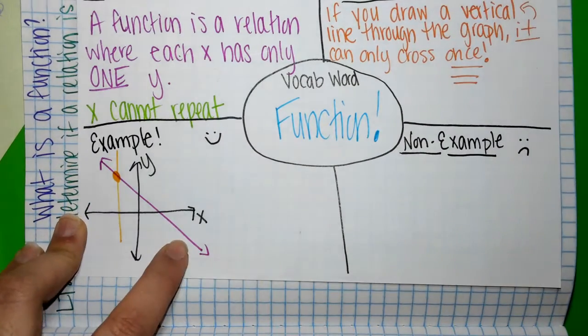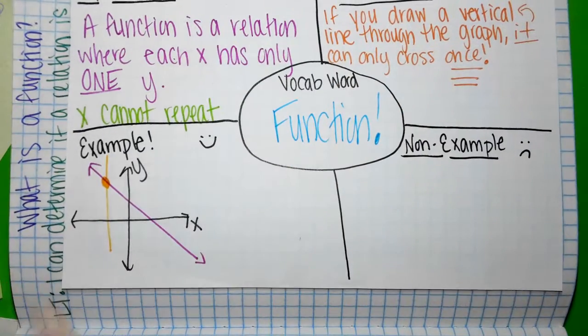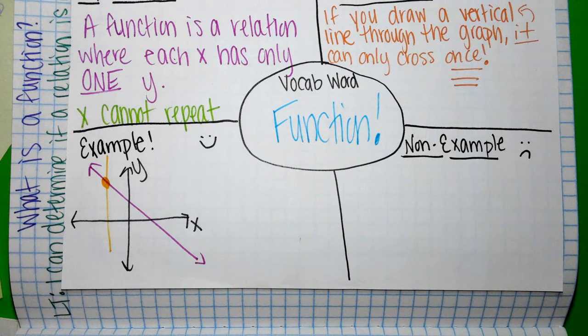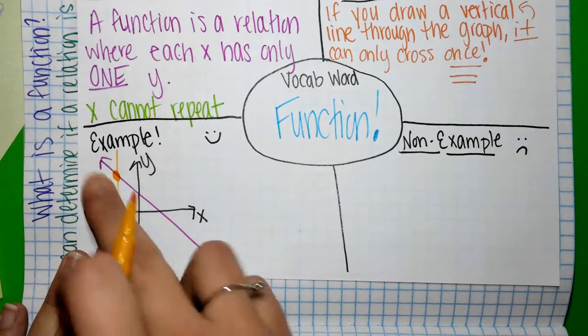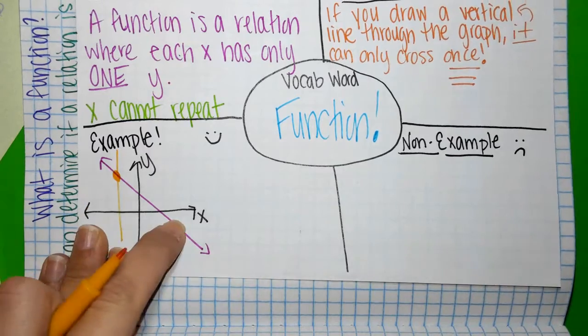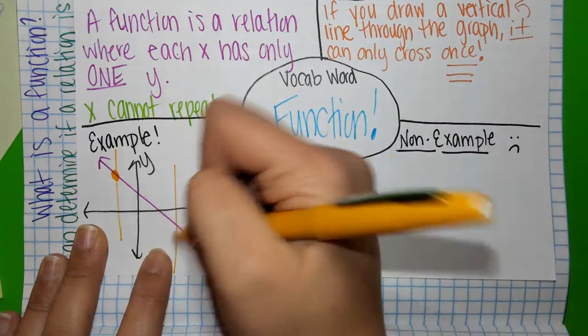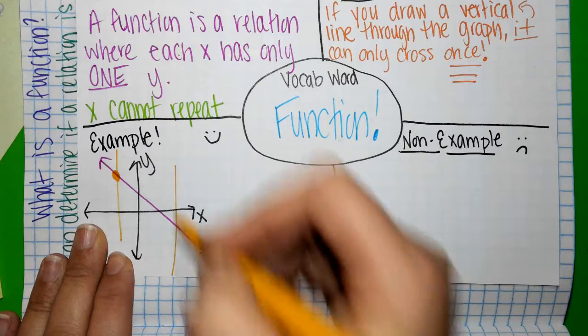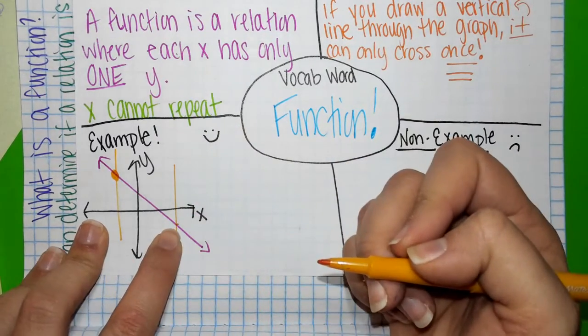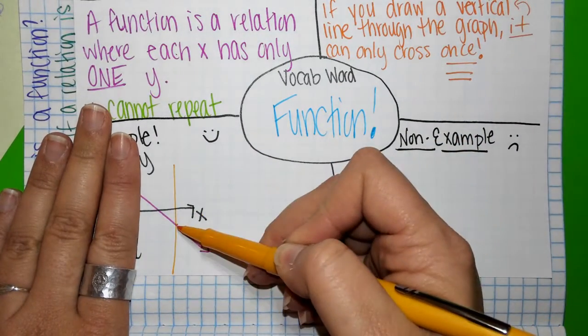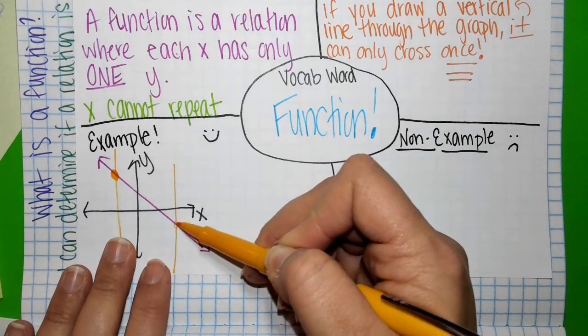Now, if I draw another vertical line, can we draw that one line? Yes. 3 colors. All right, now, if I draw this same line down here, how many times would it go through it? 2. Right here. Just this line, how many times did it cross? Once.